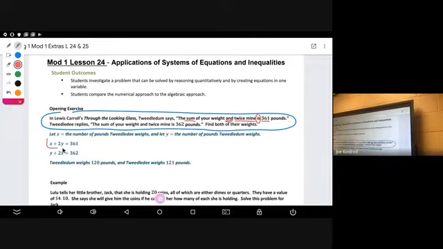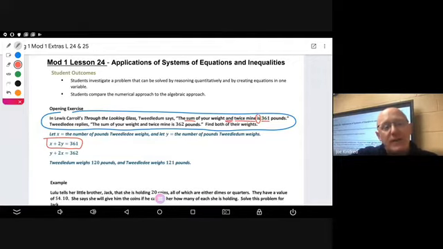That alone allows us to come up with an equation, x plus 2y equals 361, because we have to establish that x is the number of pounds Tweedledee weighs, as it says here in the answer, and y is the number of pounds Tweedledum weighs. They're just using the word sum to represent addition. Twice is that 2 times y, and then 361.